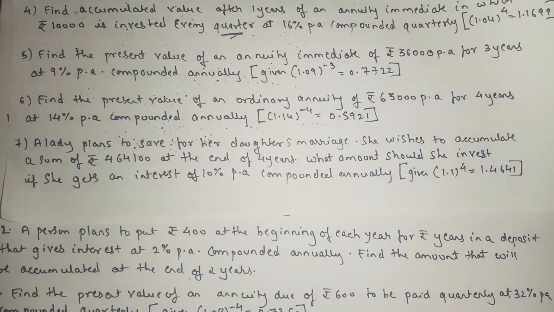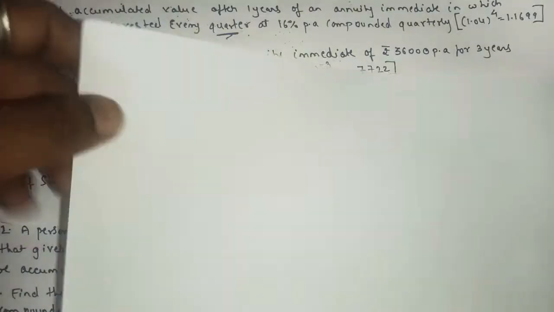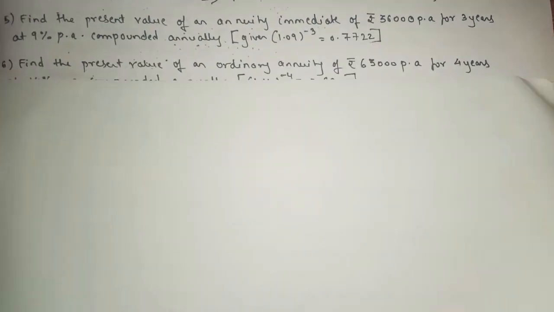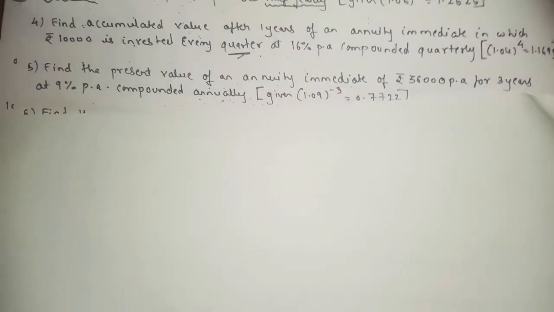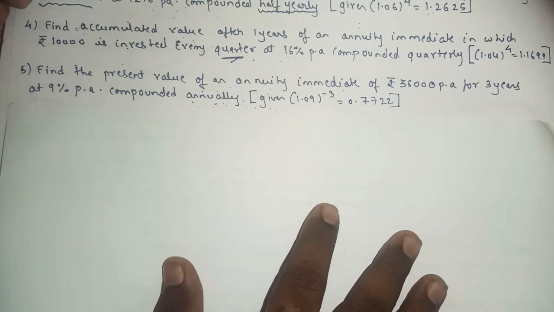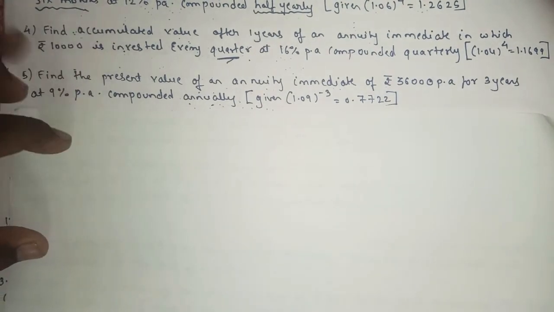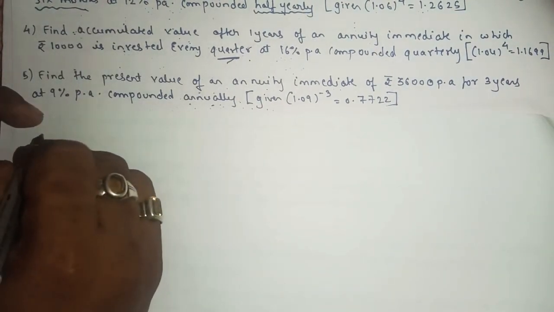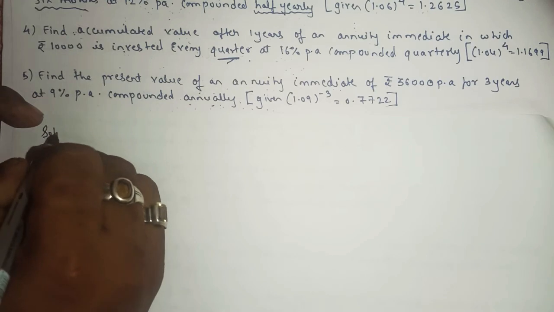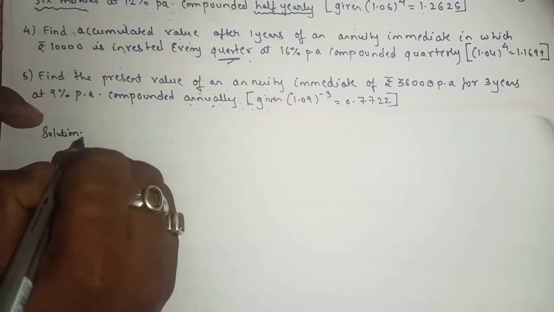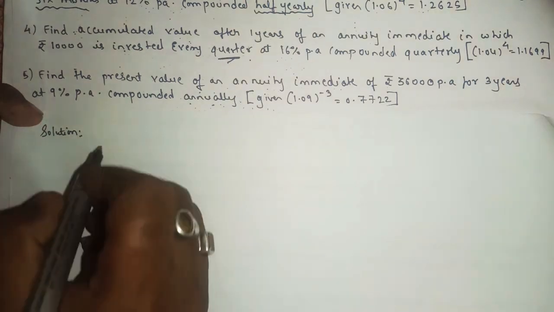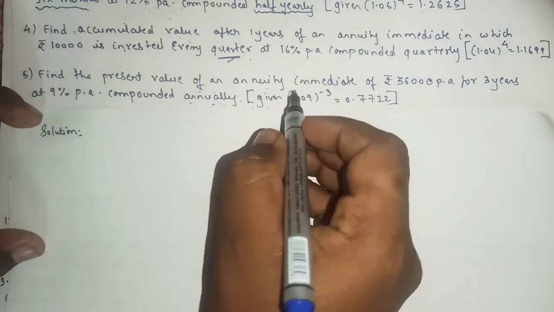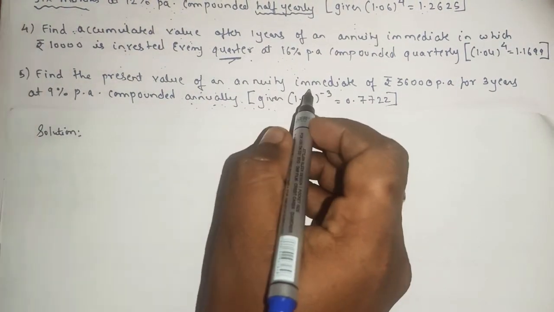So in the solution, you will write what? We have to find the present value of annuity immediate. So what do you mean by annuity immediate?